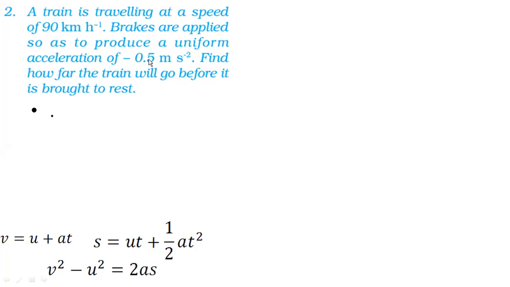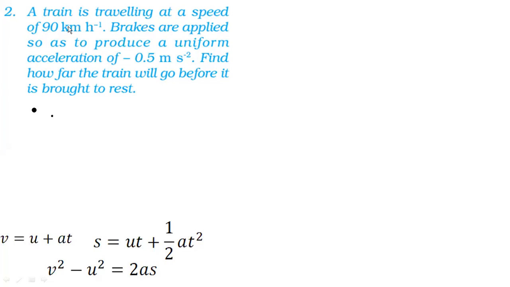But in this question, you are lucky that they have already mentioned it is minus. You don't have to apply your logic. Already they have given minus 0.5 meter per second square. In some questions they will give you minus, but if not, you have to take it if brakes are applied.